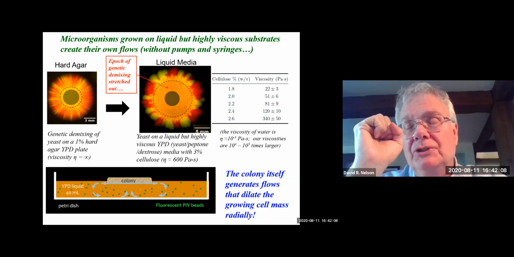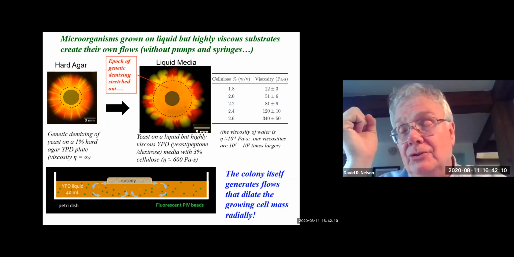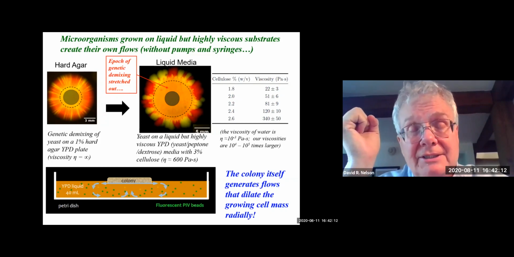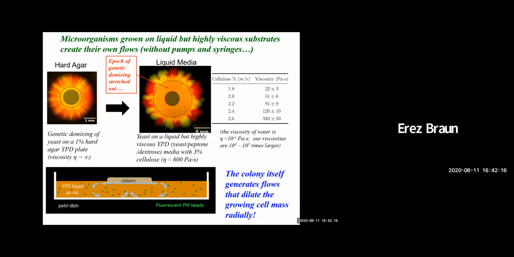And the capillary forces keep them there, just like capillary forces can keep insects, for example, from sinking into water.